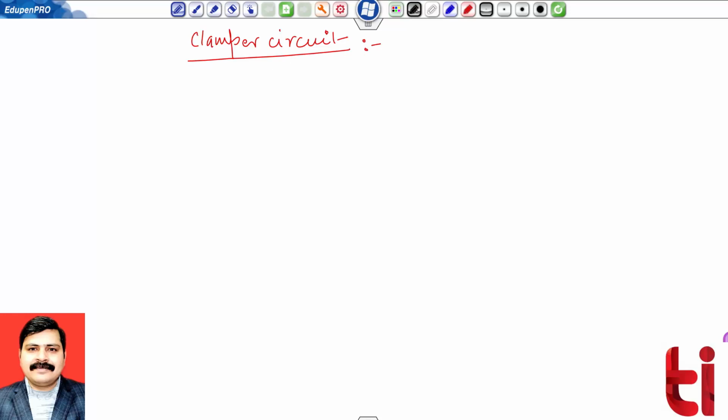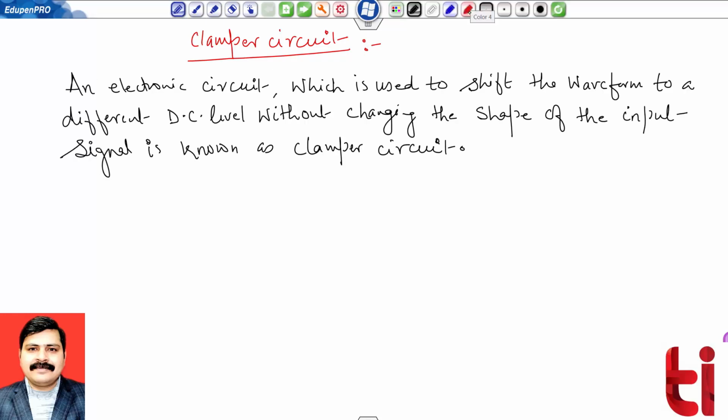So let's start the discussion with the definition. A clamper circuit is an electronic circuit which is used to shift the waveform to a different DC level without changing the shape of the input signal.